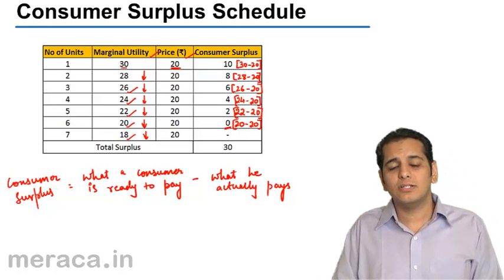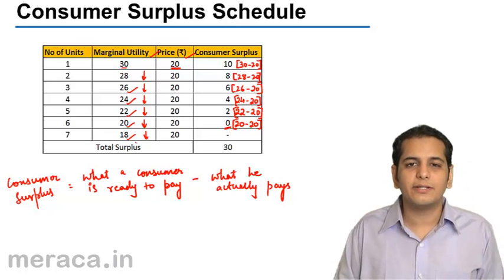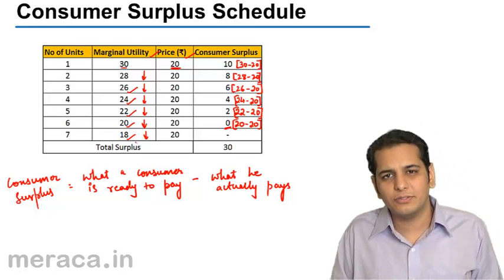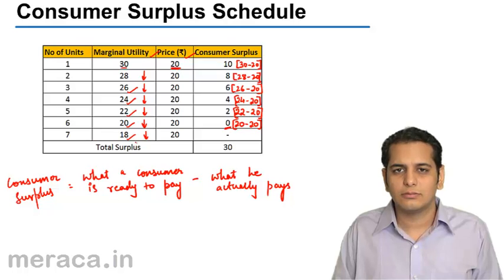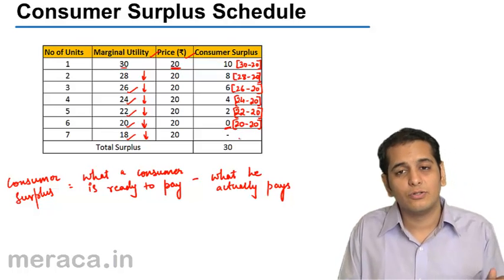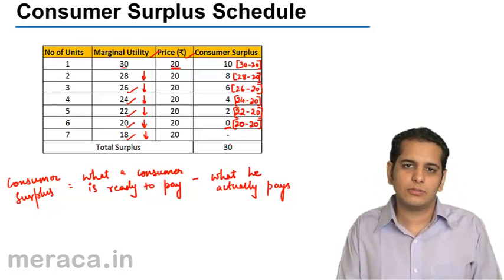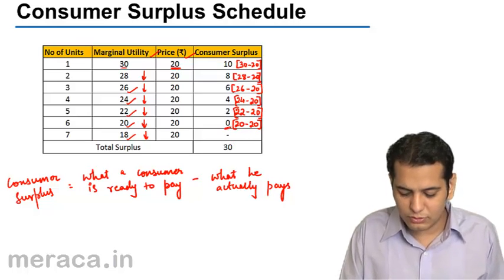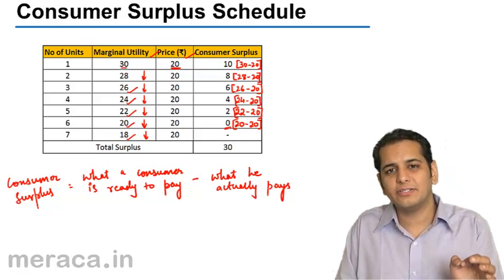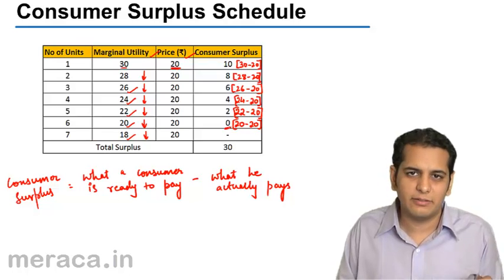And when the marginal utility decreases further at the consumption of the 7th chocolate, we'll have no consumer surplus because the consumer surplus has already reached its lowest level, that is 0.